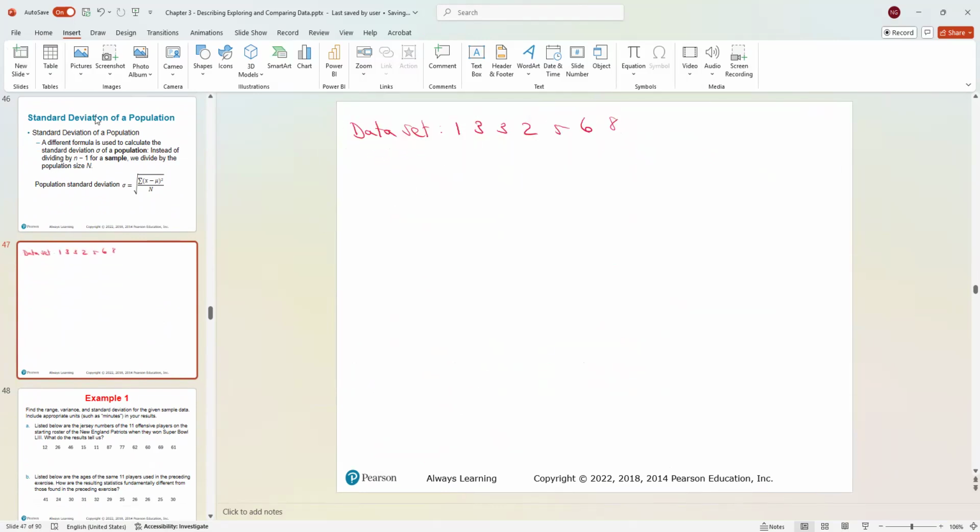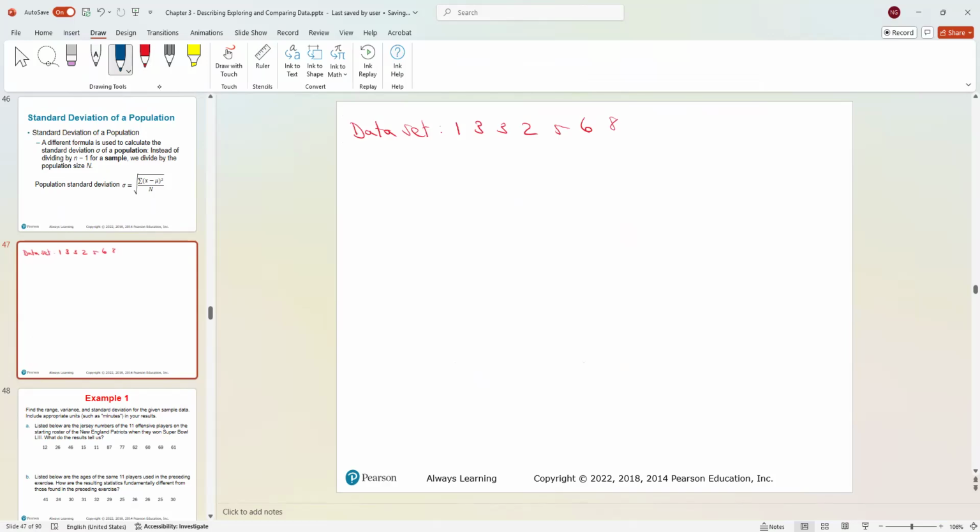And for this one, we can ask two questions. A, find the measures of the center: find the mean, median, mode, and mid-range. I can ask you to do this.